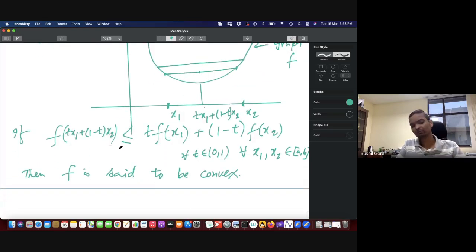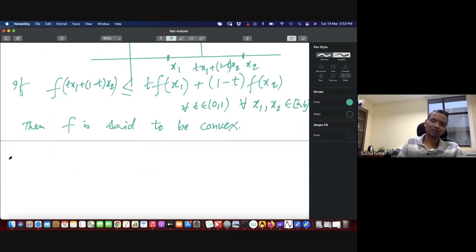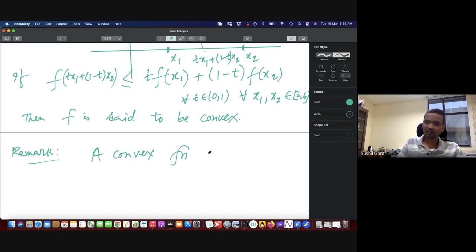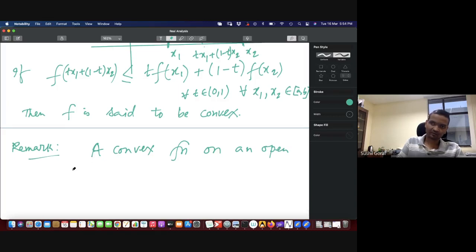The interesting property for those who are interested, this is a remark we can try to prove: a convex function, we don't need derivative for the definition, on an open interval is continuous.